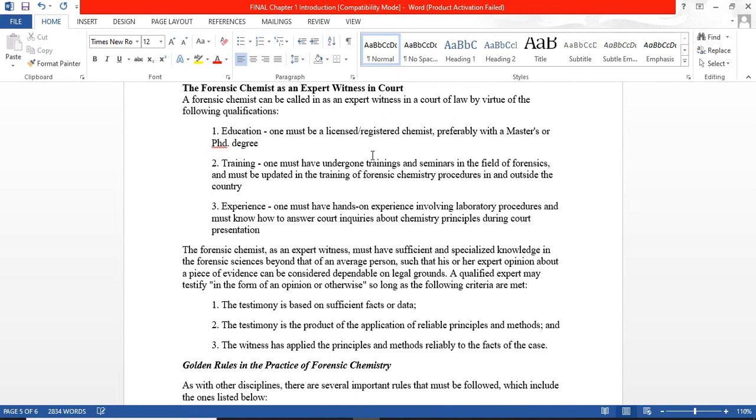Okay, hindi fake. The testimony is the product of the application of reliable principles and methods. Ibig sabihin, ang gin-perform mo nga test is napamatud-an, effective, or efficient. And third is the witness has applied the principles and methods reliably to the facts of the case.